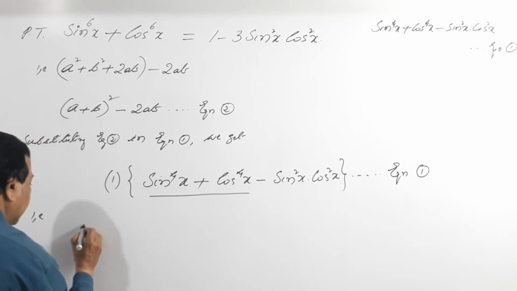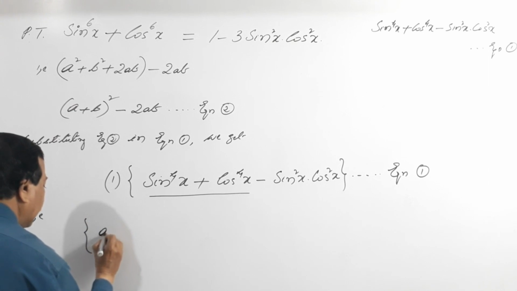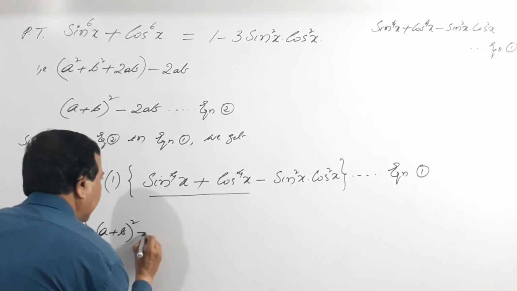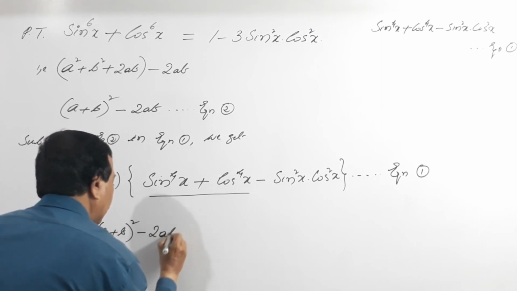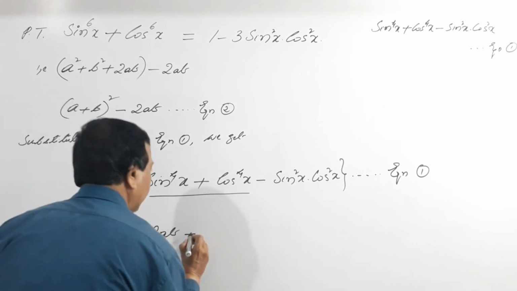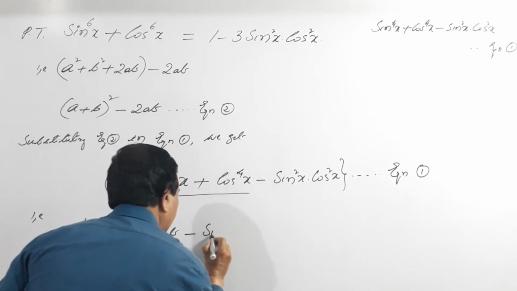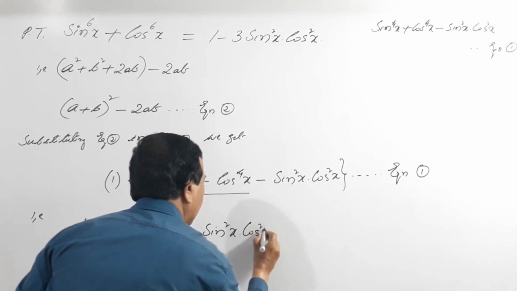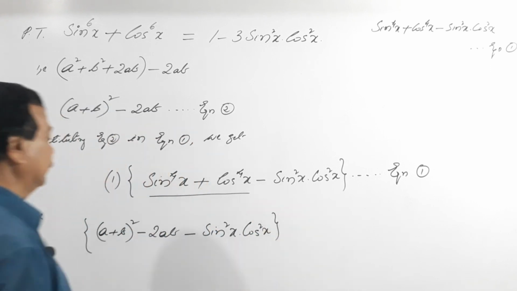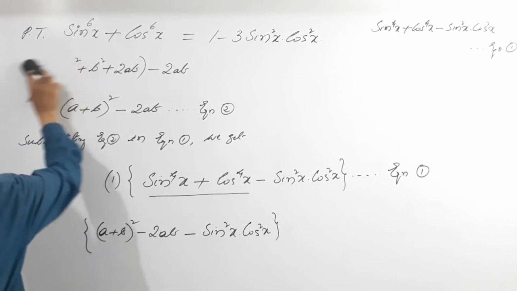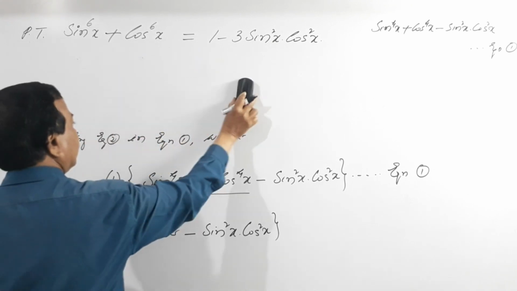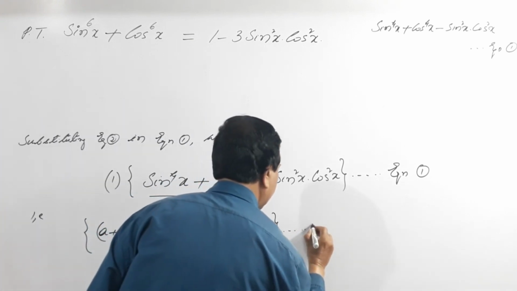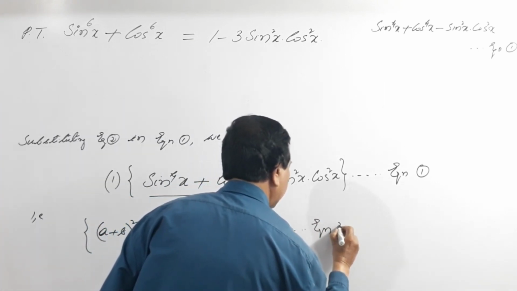That is a plus b the whole square minus 2ab minus sin square x into cos square x. I'll rub this. इसको मिटा दूं. So I call this equation 3.